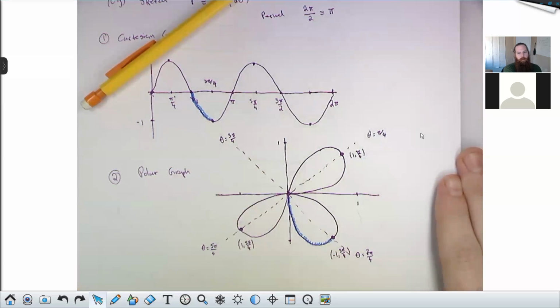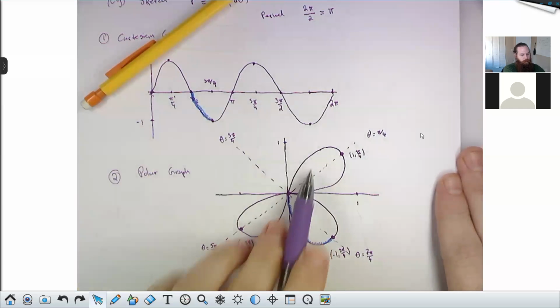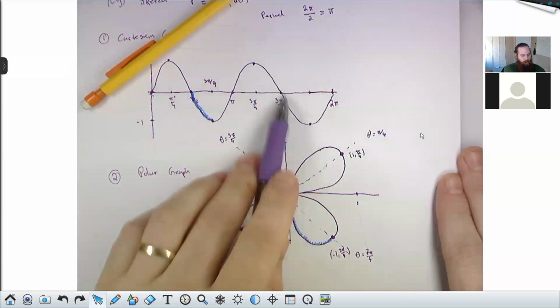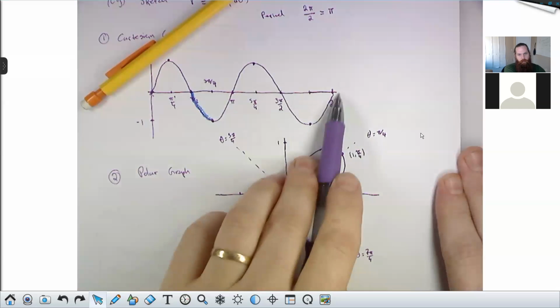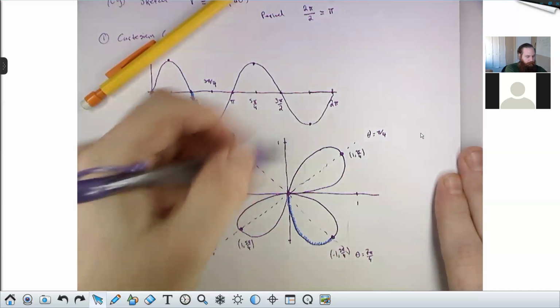And just looking at the symmetry of the polar graph, you can kind of guess what's going to happen. Each one of these bloops here corresponds to one of these bloops here. And this last little guy normally would have us drawing in this quadrant, because these are the angles 3 pi over 2 up to 2 pi. But r is negative here, so rather than drawing in this quadrant, we'll be drawing in the reflected quadrant over here.